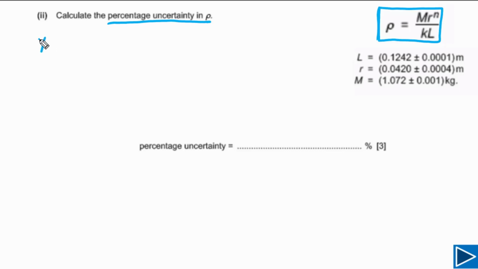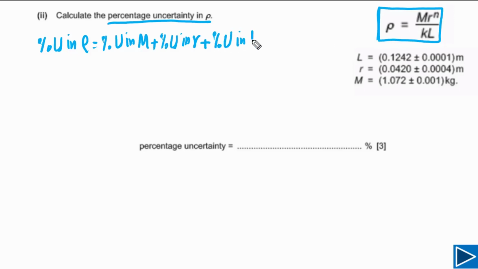The percentage uncertainty in density will be equal to the percentage uncertainty in M plus the percentage uncertainty in R. We will talk about the exponent later. Plus the percentage uncertainty in K, but K is a constant, so you can ignore that. Next, the percentage uncertainty in L. K is a constant, it has no percentage uncertainty.